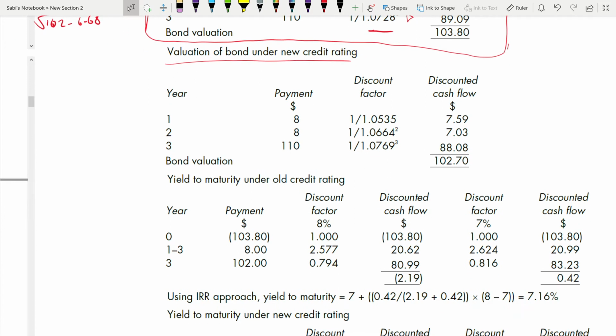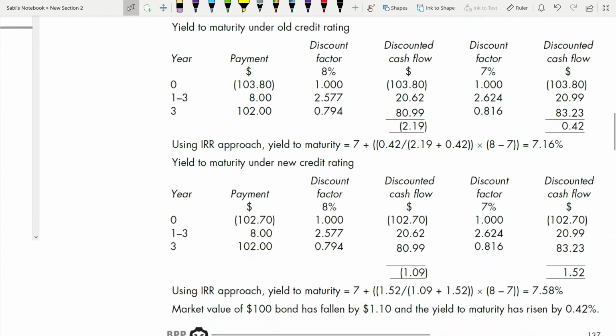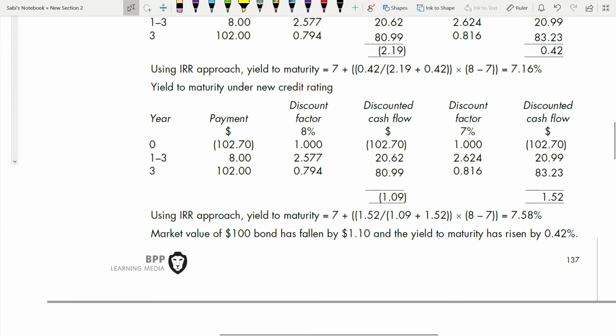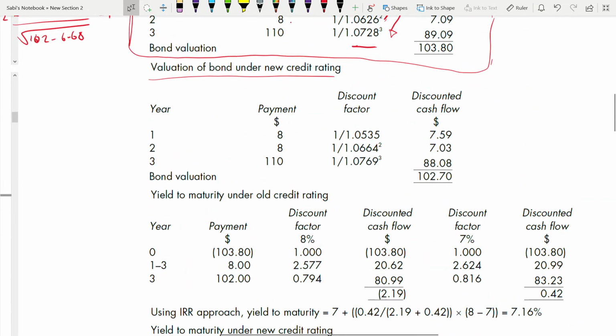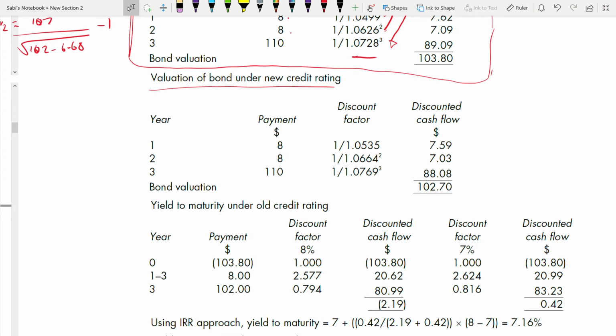How are you going to do it? But there is a problem with the new credit rating. Okay, we'll see that. So first, from year 0, then 1 to 3.